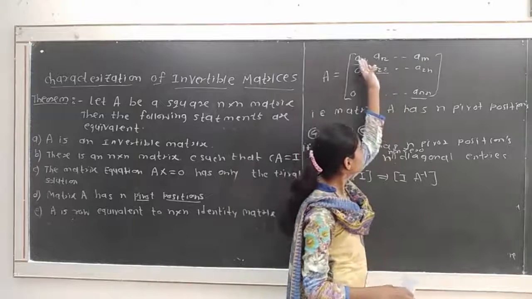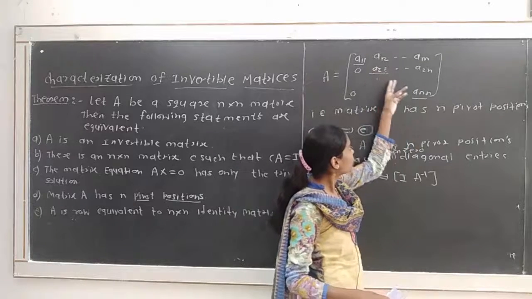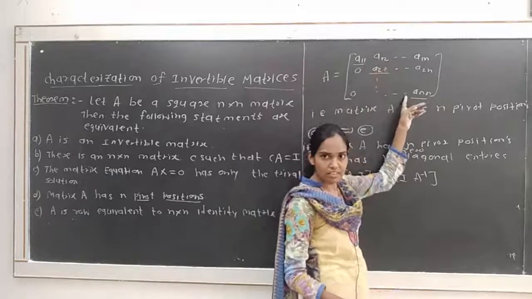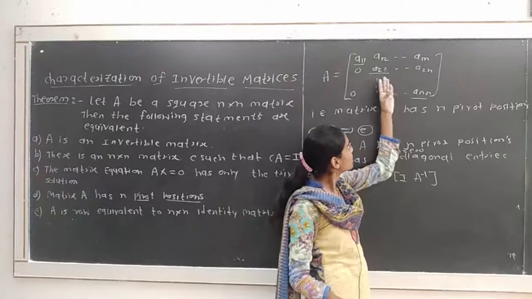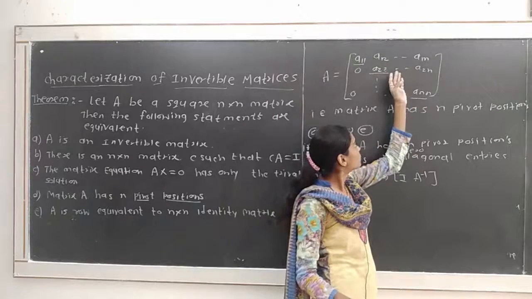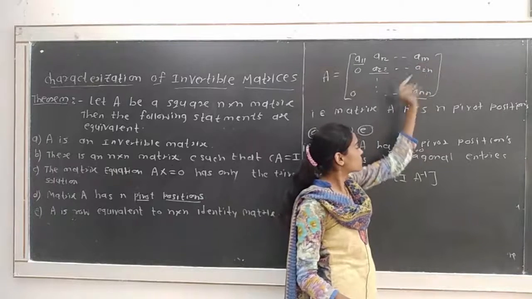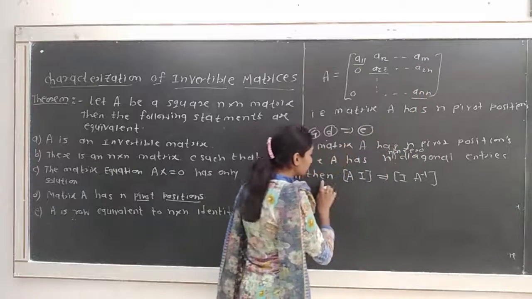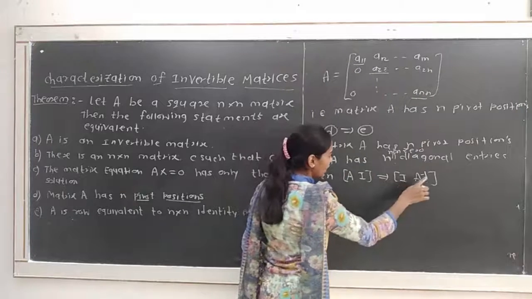Okay, because the matrix A is in this form. If matrix A is in this form, then we have to make only these diagonal entries 1, and using that 1 we make the entries above it 0. That is, we can easily convert [A I] to [I A inverse].